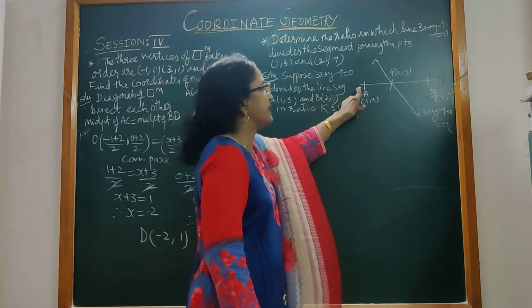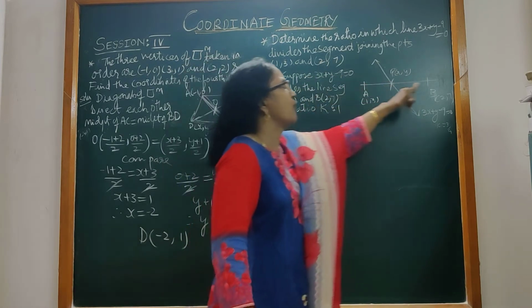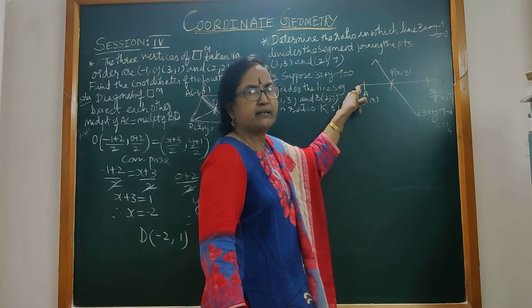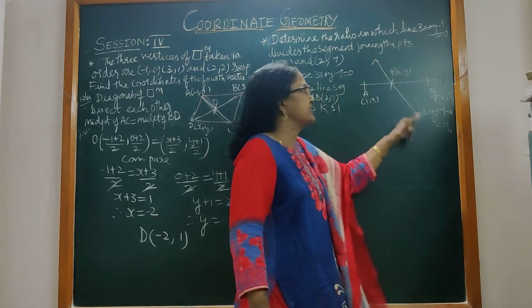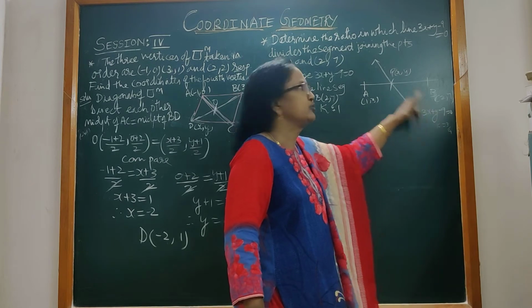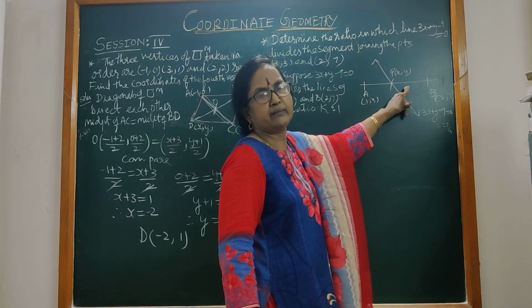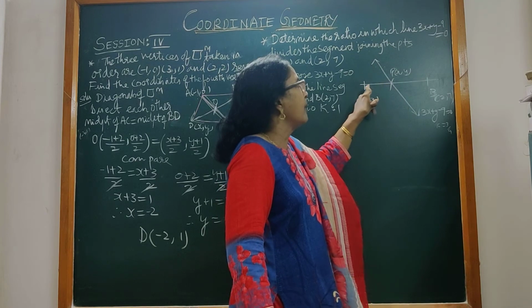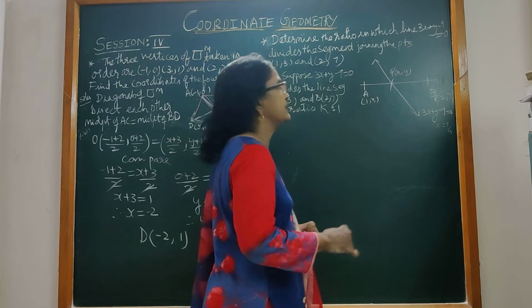So this is the line segment A (1, 3) and B (2, 7). Now a line is dividing this line segment, the line 3x + y - 9 = 0. It is passing through this line segment. Now we don't know what its ratio is.